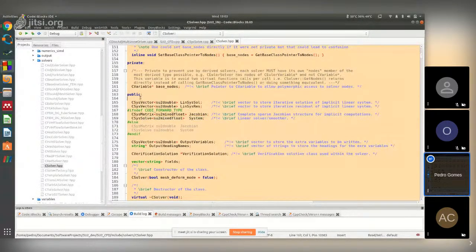So what we do is when we differentiate the code in reverse mode, so for the discrete adjoint, we assume that we are differentiating the code around the converged point that gives you the residual equal to 0 everywhere.